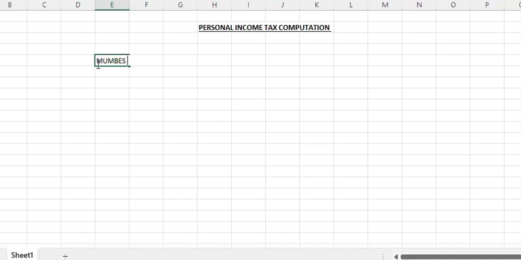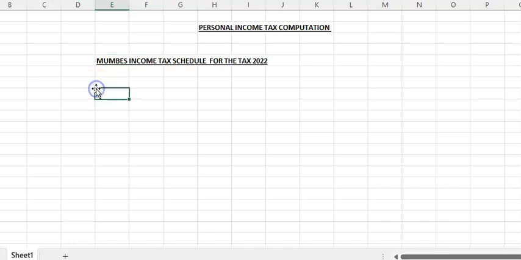Mumbe's personal income tax, Mumbe and personal is one and the same thing. So Mumbe's income tax schedule, because we are asked to come up with a tax schedule. You can put for the tax year 2022, so that now we know which tax year you are computing.